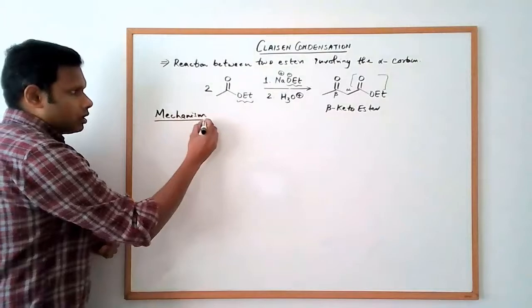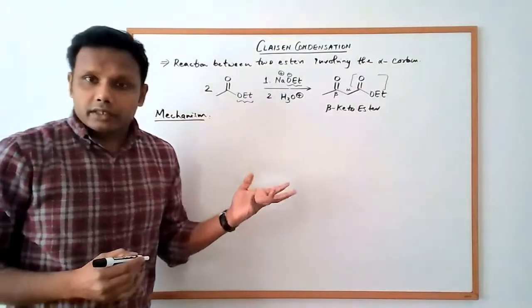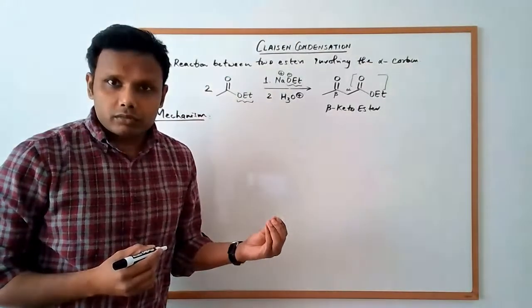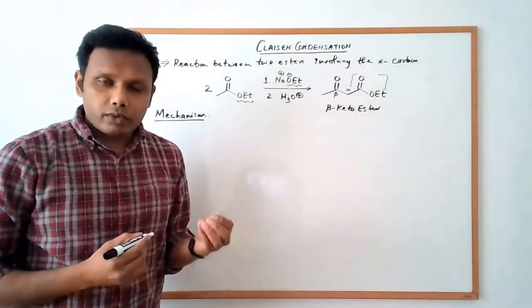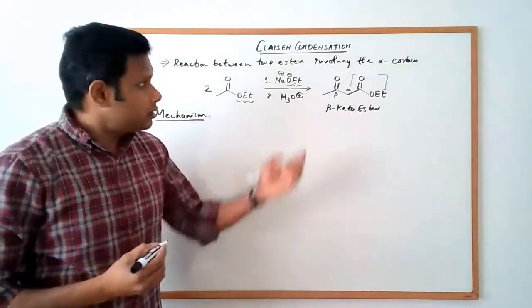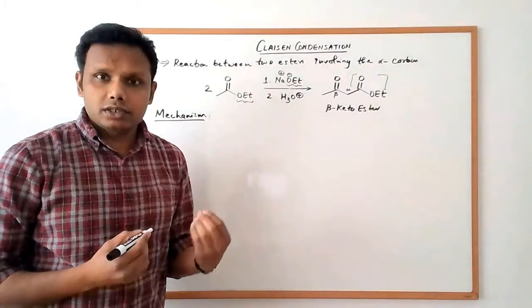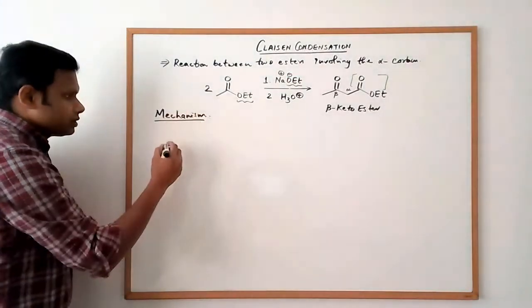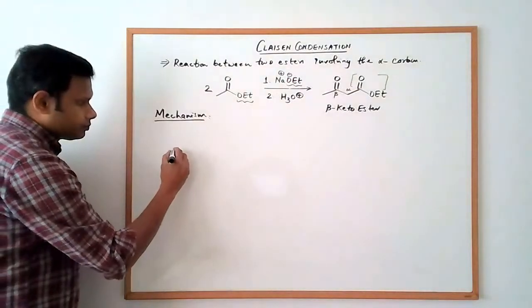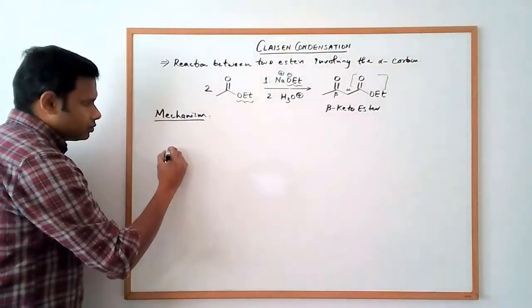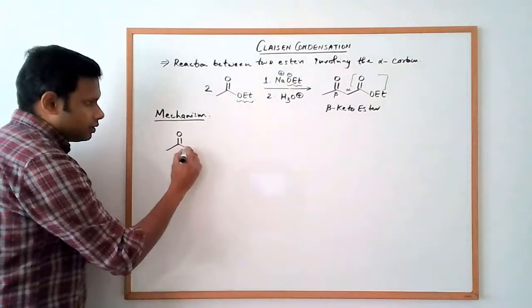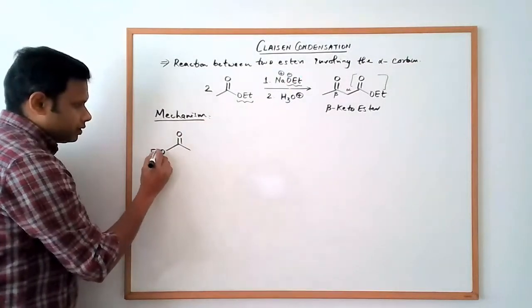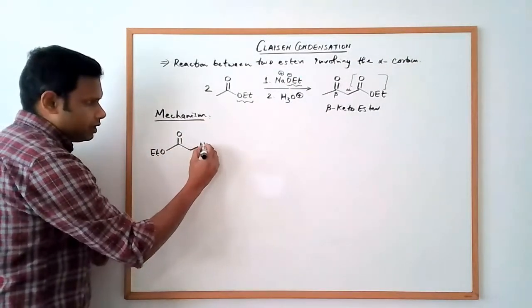The mechanism of this reaction, like all other reactions that involve the alpha carbon, would start with the formation of an enolate. Since we are operating under basic conditions, the enolate is going to be our nucleophile. So if we start with this ester, and I'm going to draw the ester this way so that we can work with the alpha carbon.